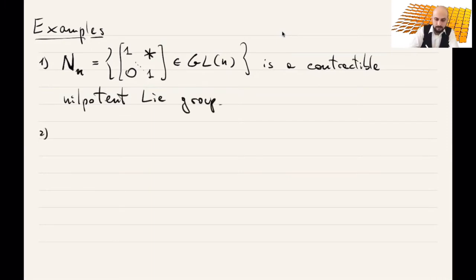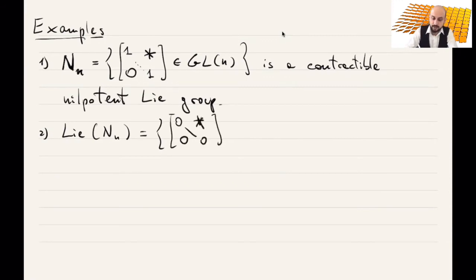The second example is for a Lie algebra, and let's take the Lie algebra of the above group. These are the matrices that have 0 on the diagonal, 0 below the diagonal, and something above the diagonal. So these are just n by n matrices.